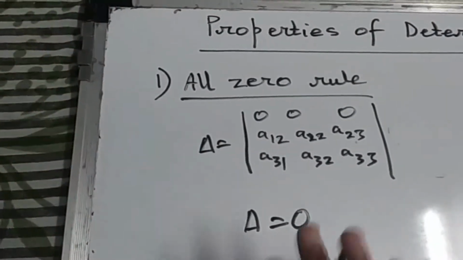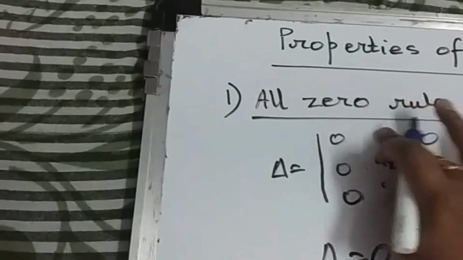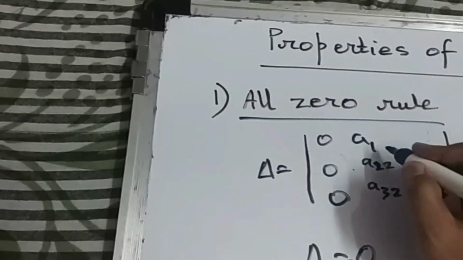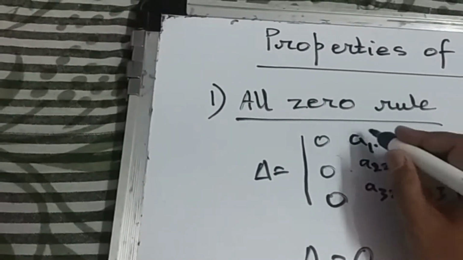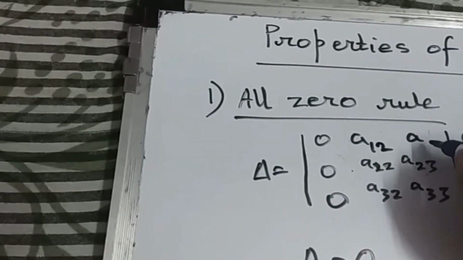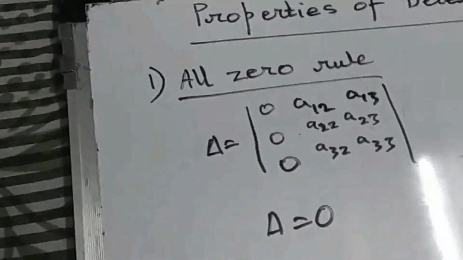Same thing if, say, the first column is 0, the second column is not 0, and the third column is also not 0. If the first column is 0, then also it will be 0.